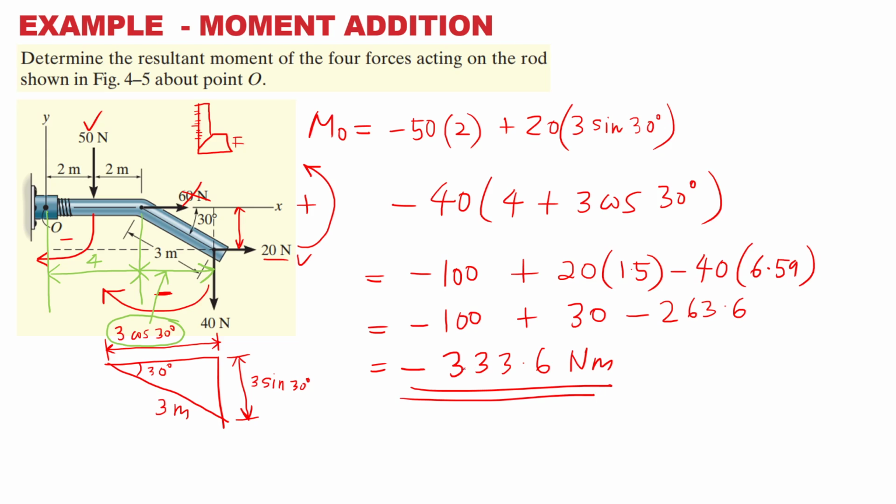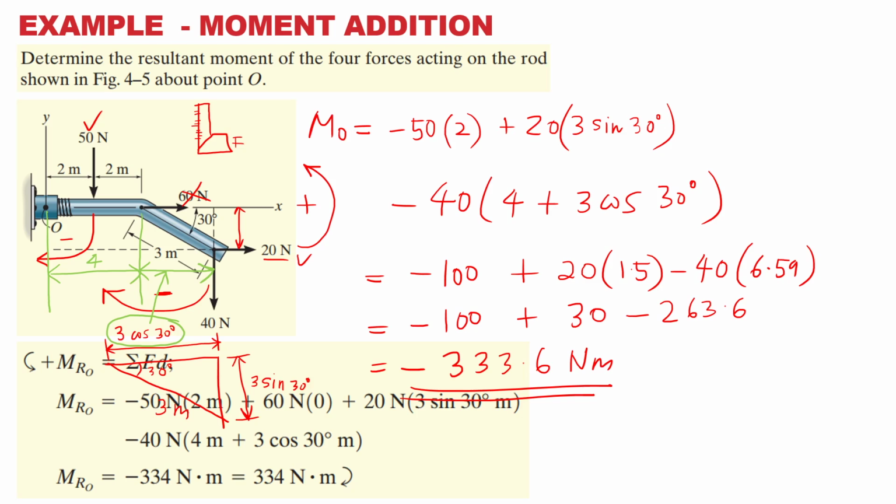Ni jawapan dia. Negatif. Okay, so betul lah. Negative 33.6, negative 34. Nasib baik betul. So, okay, this is done.